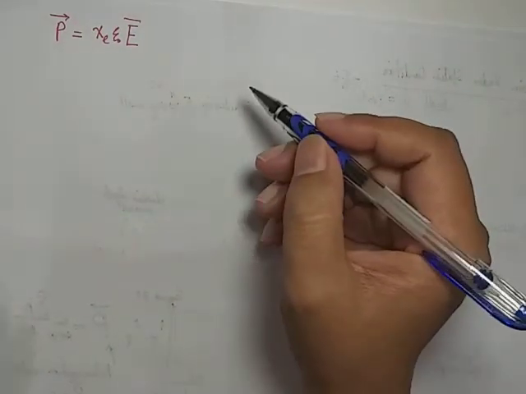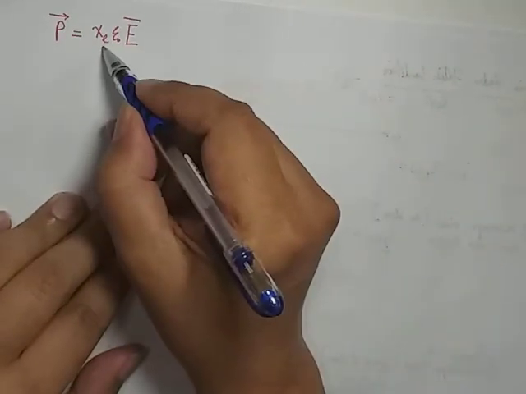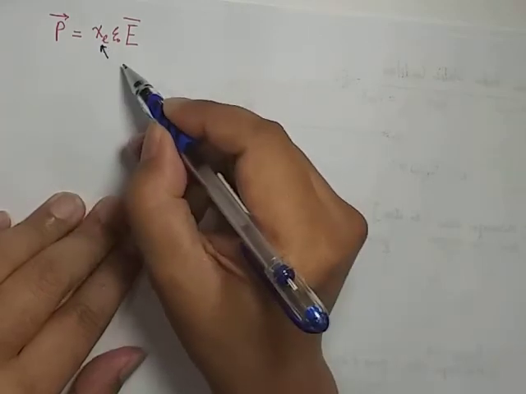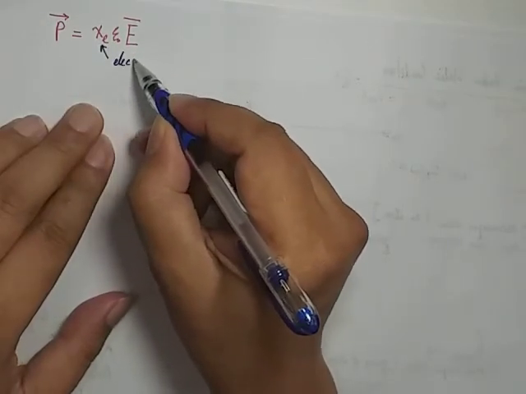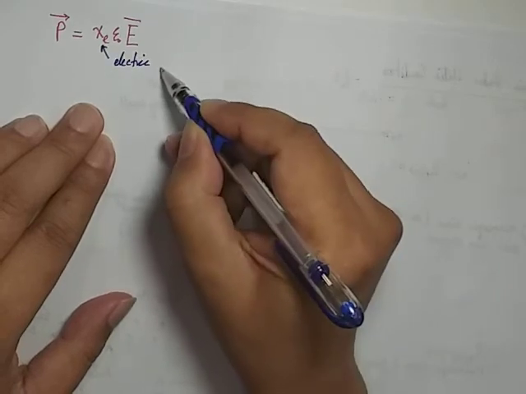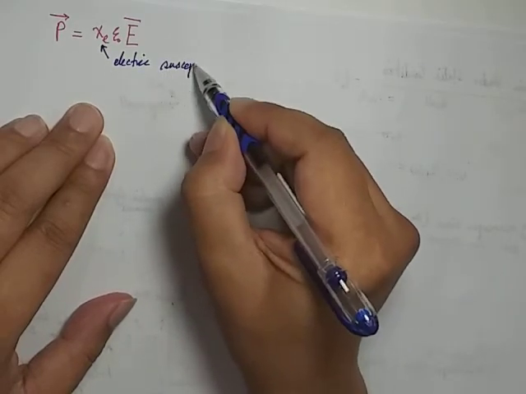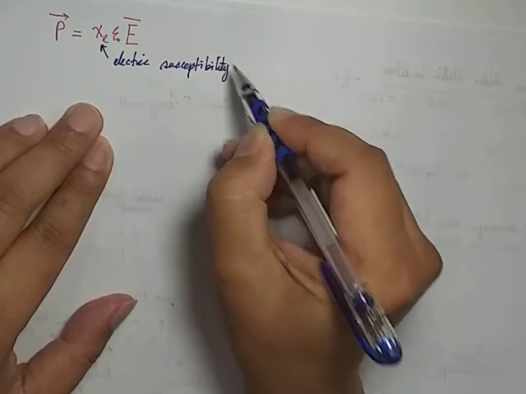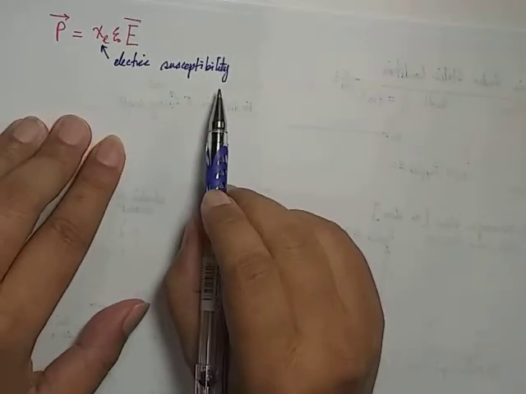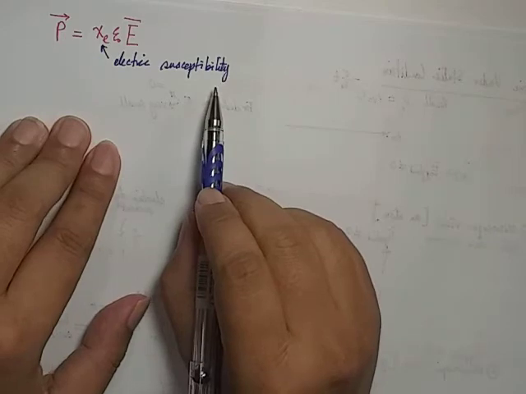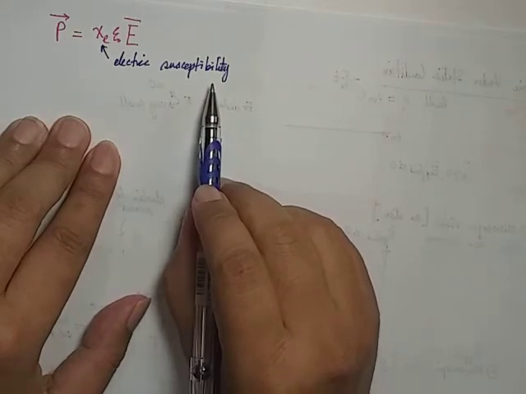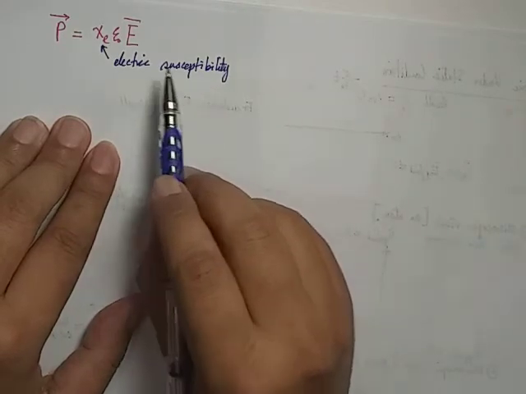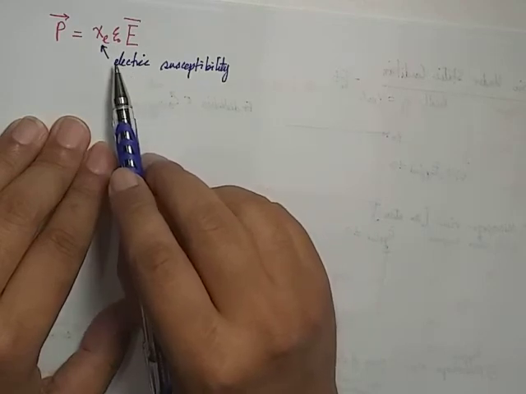So I'm going to write in words what this term is. We call it the electric susceptibility. This parameter describes how the material responds to the electric field.